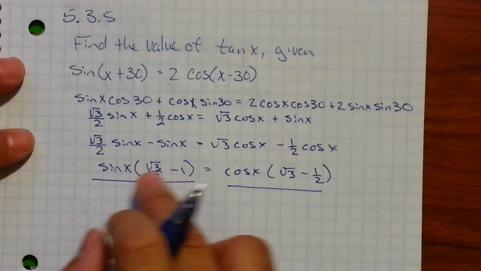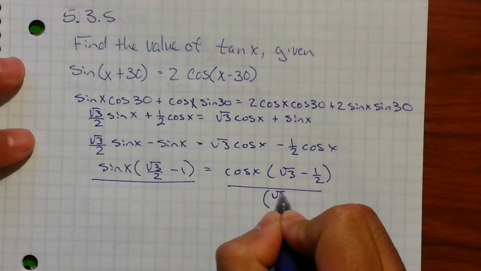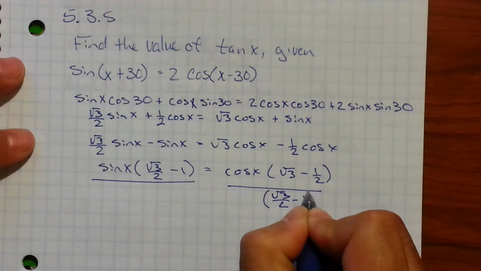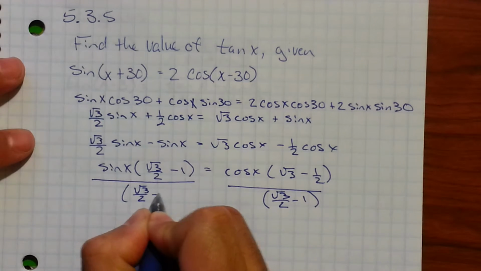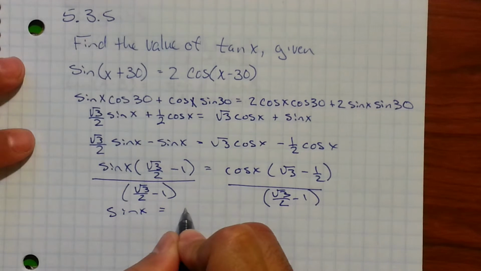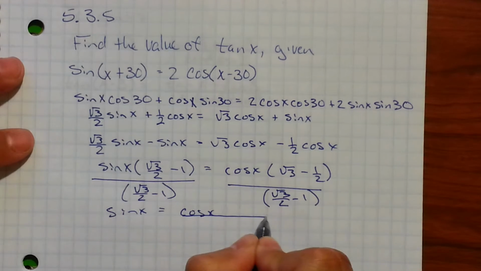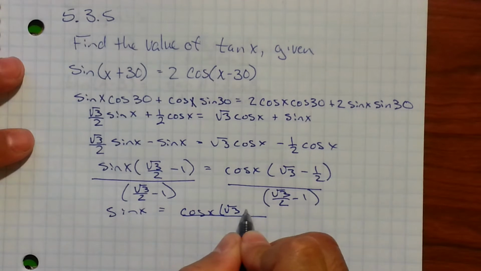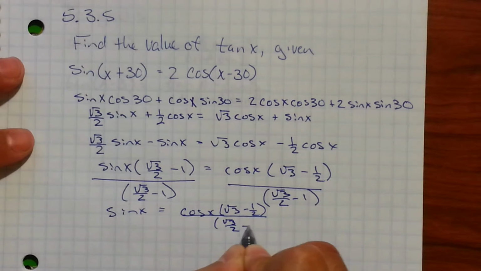So let's see. I'm dividing both sides by this, so I should have on this side square root of 3 over 2 minus 1, and those cancel. So I get sine x is equal to cosine x times radical 3 minus 1/2, over radical 3 over 2 minus 1.